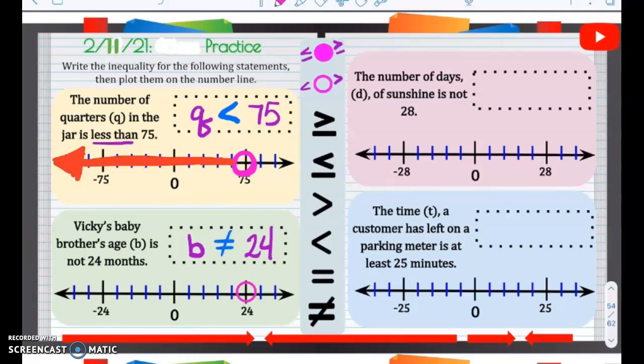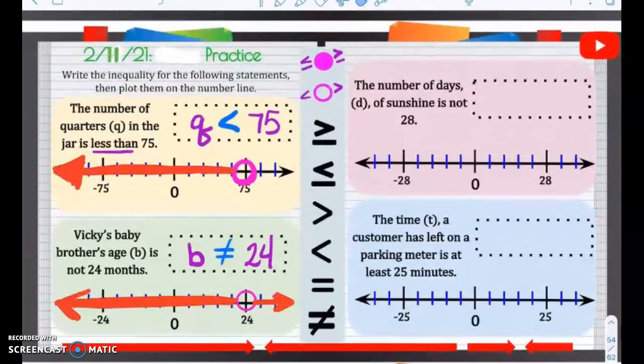So we can shade to the right and to the left. We can shade both ways, because it can be any age other than 24 because he's not 24 months.